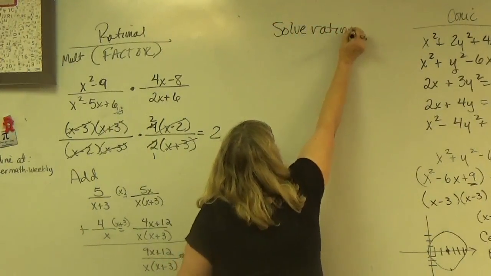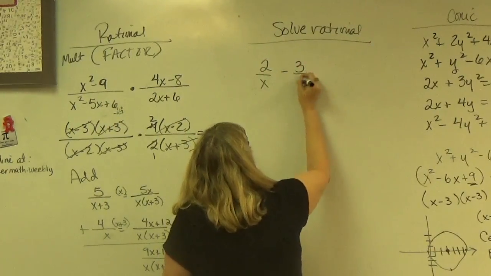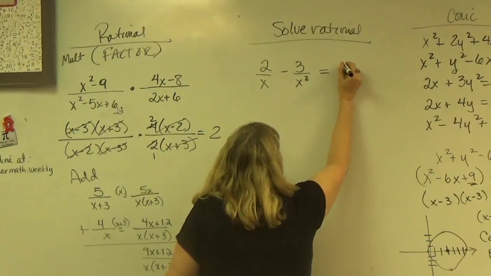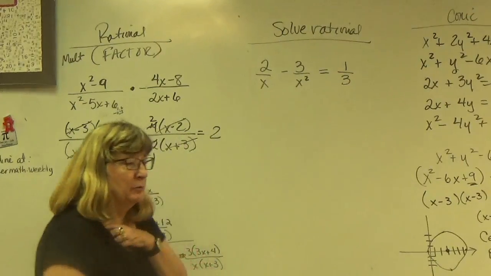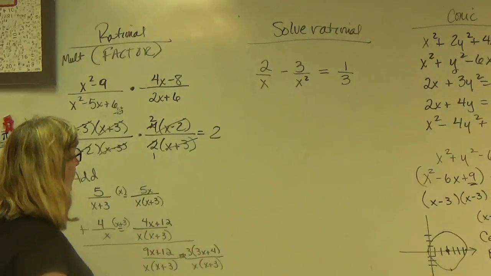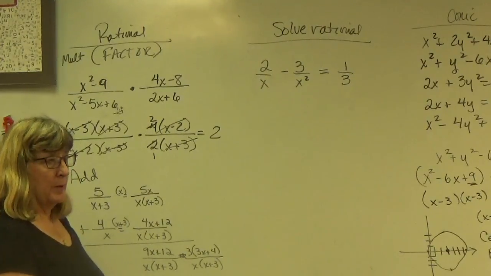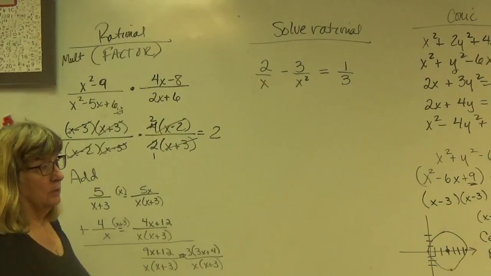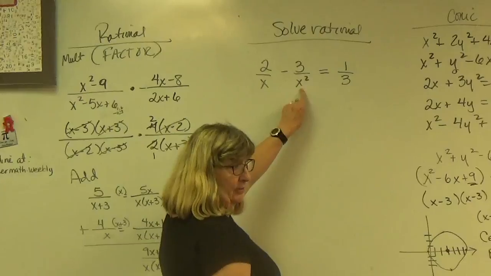All rational, right? Yeah. I don't know how nice this will come out, but we can do it. In order to solve a rational equation, you need to multiply by the common denominator. So what would our common denominator be? X squared, right?